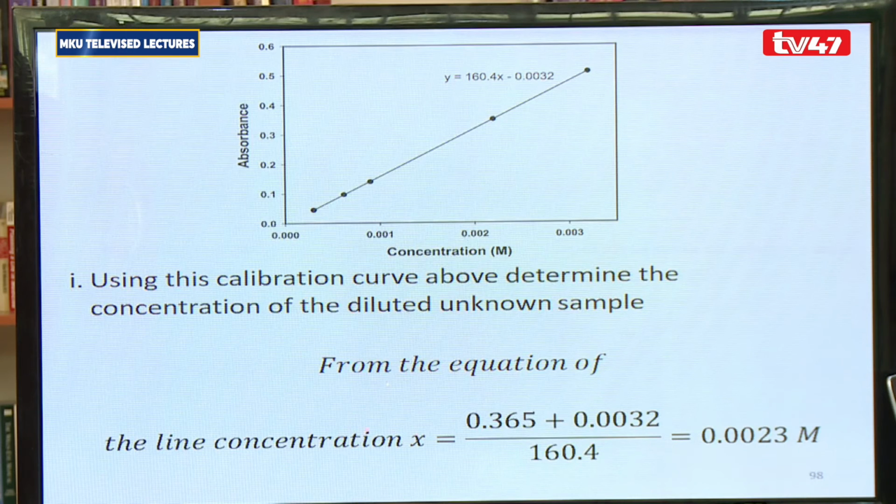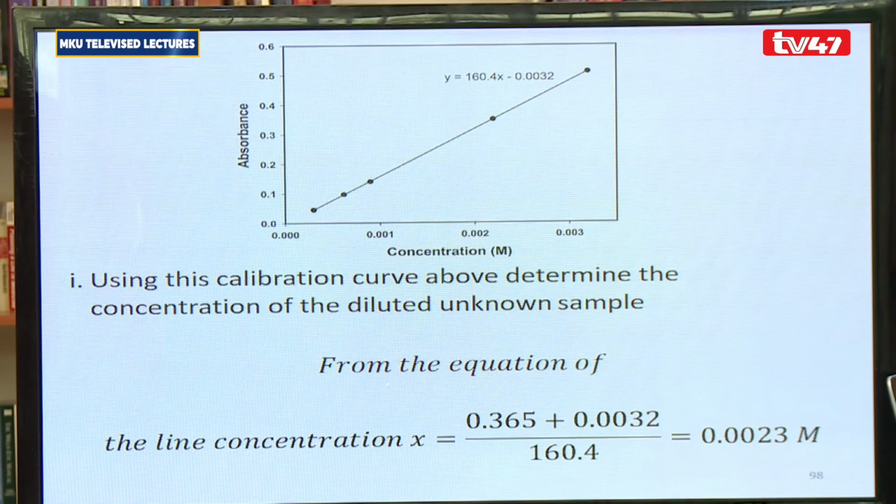So x is equal to y, which is 0.365, plus 0.0032, the intercept from the trend line. You divide that by the slope, 160.4, and you get the concentration as 0.023 molar.